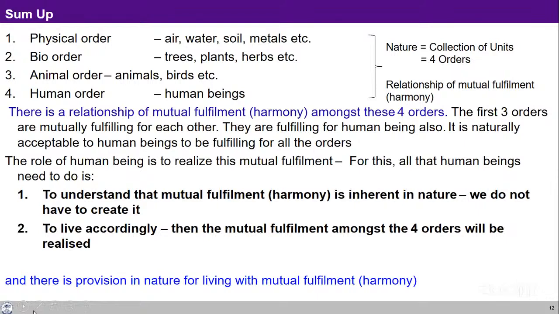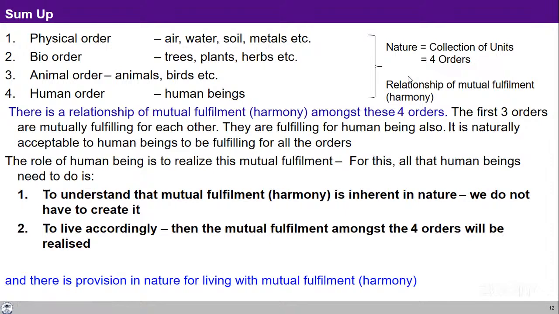So we can sum it up. This is what we discussed: physical order, bio order, animal order, and human order. Nature is a collection of units. Those units are grouped under 4 orders.